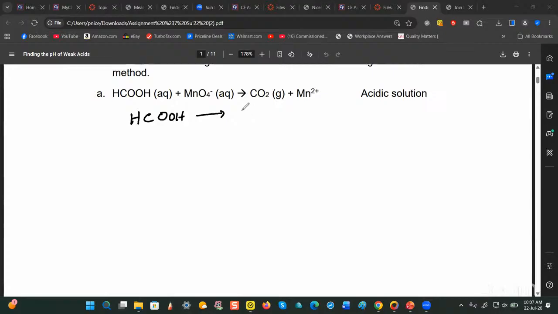So one half equation would be formic acid to form carbon dioxide, and the other half equation would be the permanganate ion to form the manganese 2+ ion. All right. So that's the first step in this process. You separate the given unbalanced equation into two half equations.